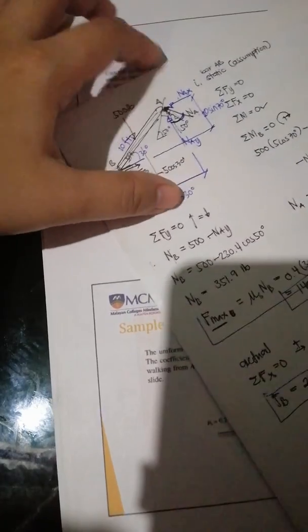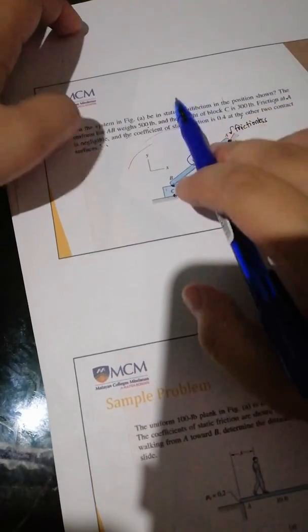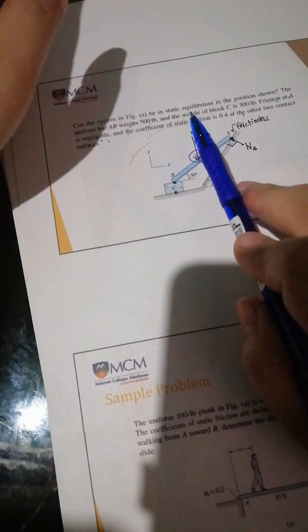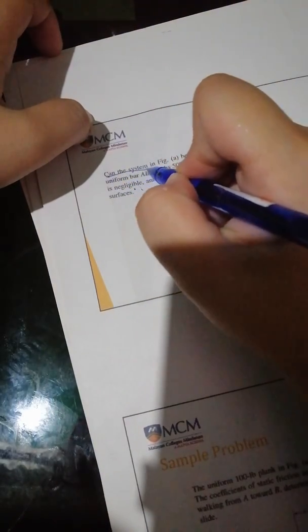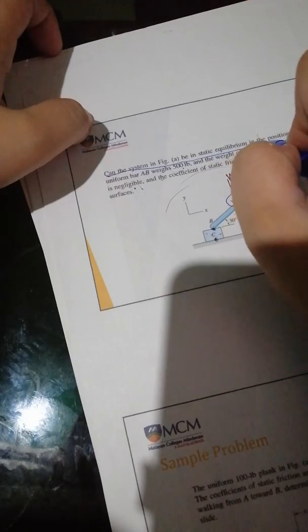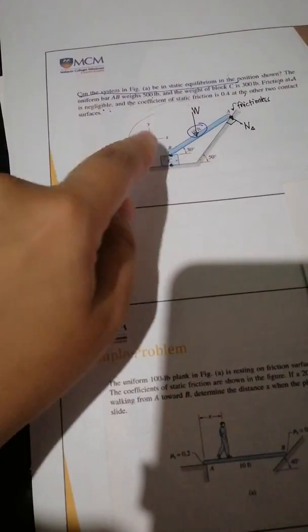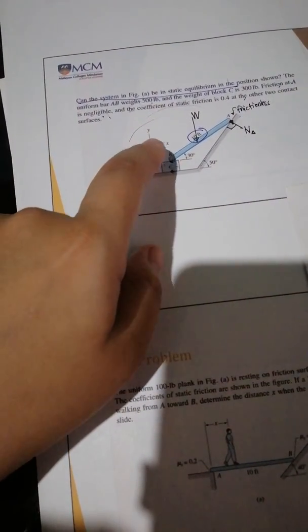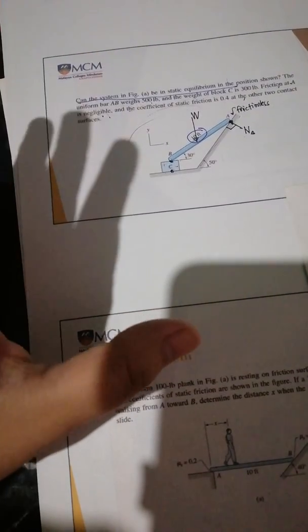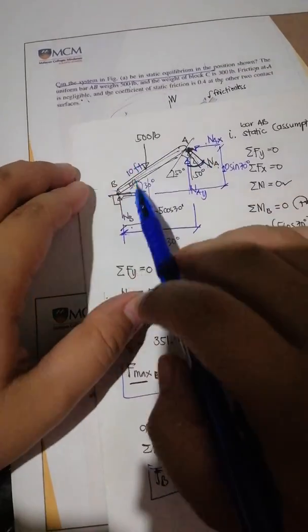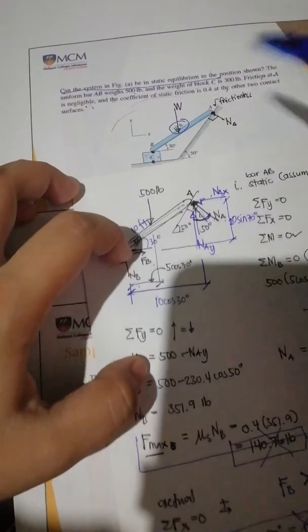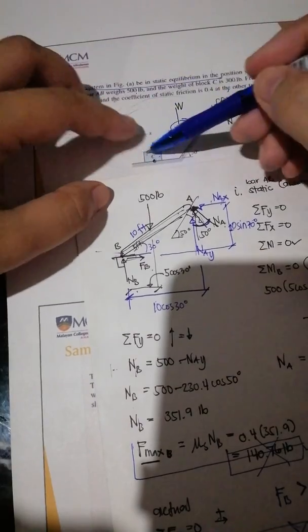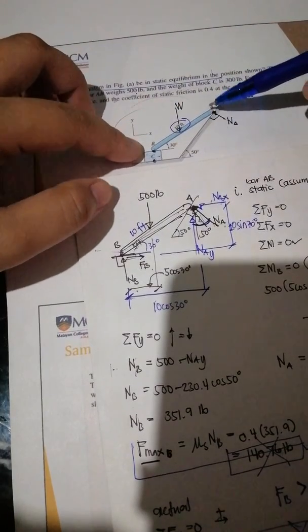Now, it doesn't ask for the actual friction force. What it is asking is, can the system be in static equilibrium? The only way this system becomes static is if no movement is produced. With the FBD on bar AB, we have found out that it is dynamic, meaning due to its weight it could possibly move.